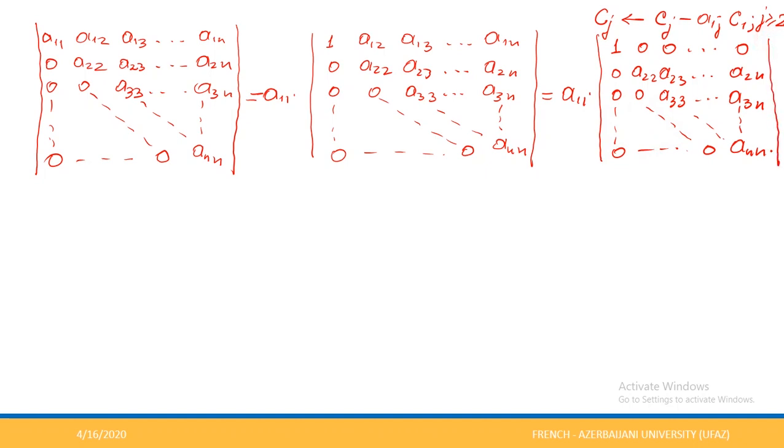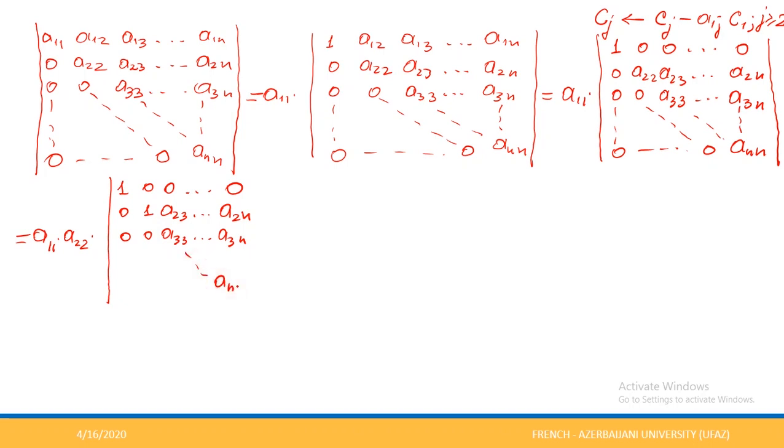As you see in the second column, all elements except a22 are zeros. Then we use linearity over the second column. It will be this: a11 times a22 times the determinant of 1, 0, 0, 0, 0, 1, a23, a2n, 0, 0, a33, a3n.